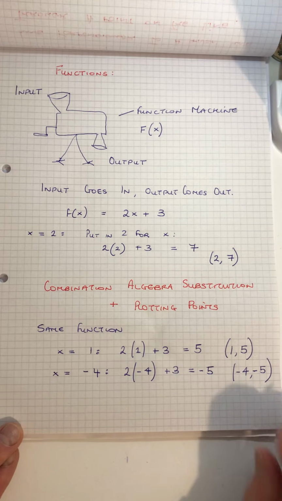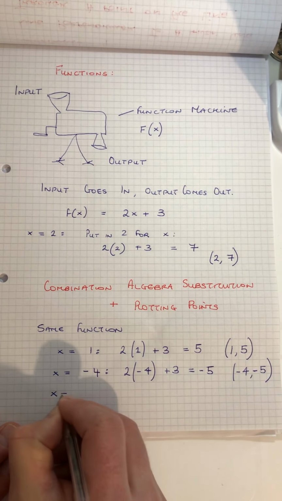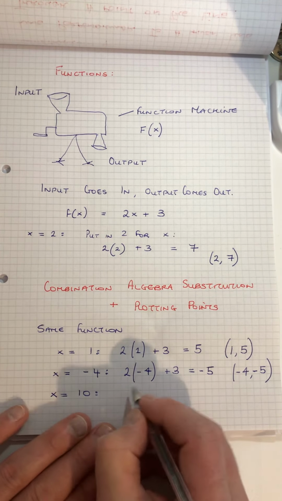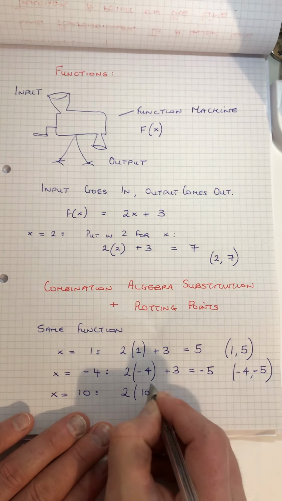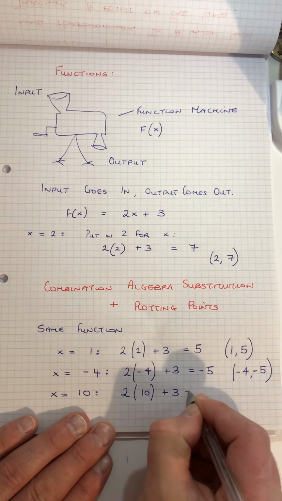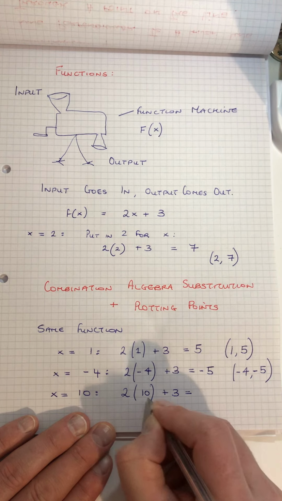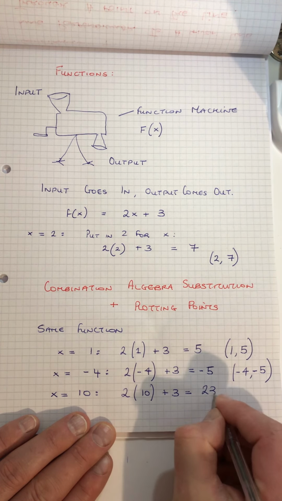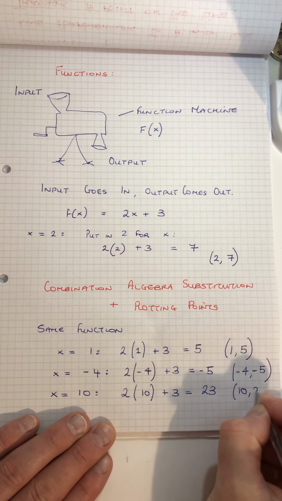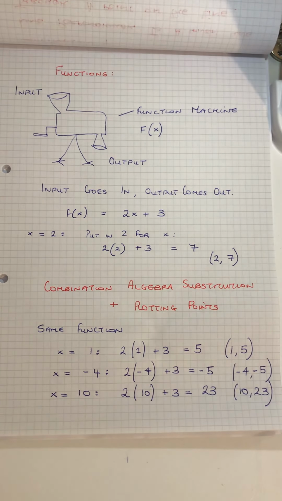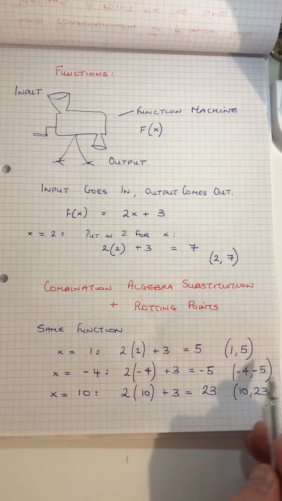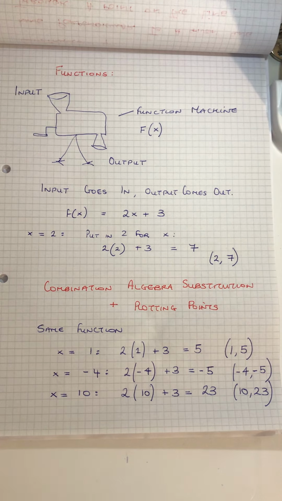So it doesn't matter what number you put in. If I put in 10 for x, that would be 2 times 10 plus 3, which is equal to 2 tens are 20, plus 3 is 23. So I put in 10 and I get out 23. Okay?